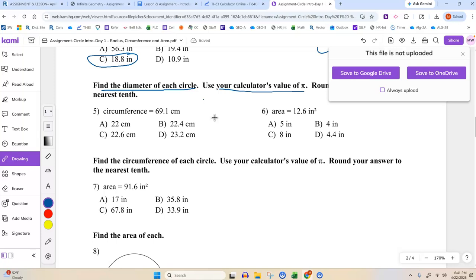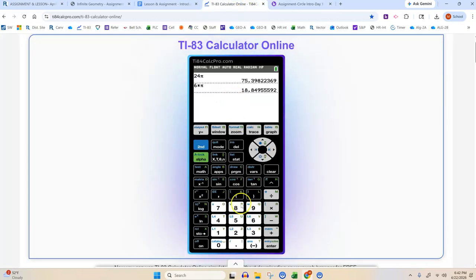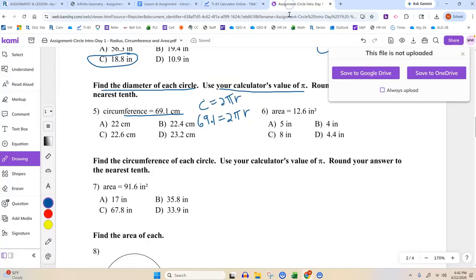Okay, so we know circumference is still equal to 2 pi r, right? But now we have the circumference, and it's 69.1. So 69.1 is equal to 2 pi times the radius. Well, we don't have pi in the answers, so we're going to need to take this pi and convert it to 3.14. So I'm going to go 2 times second pi, enter, 6.28.